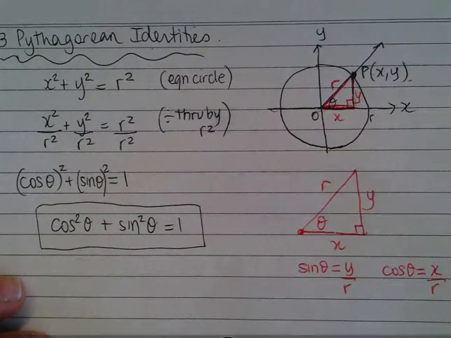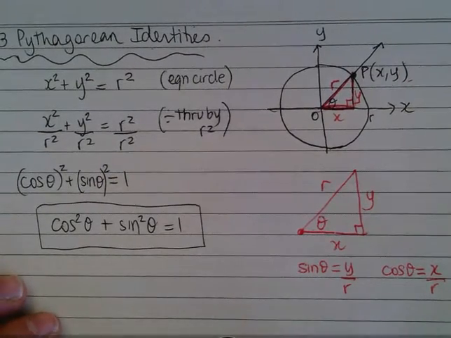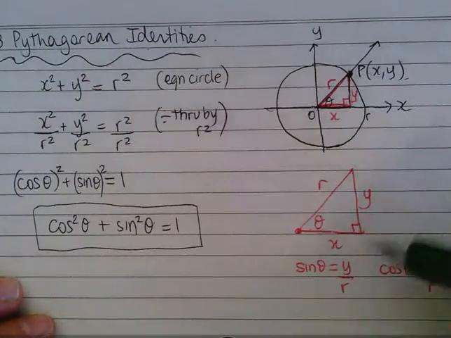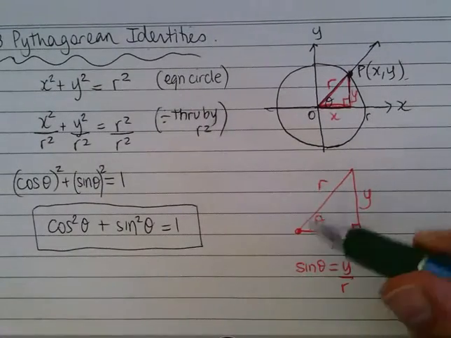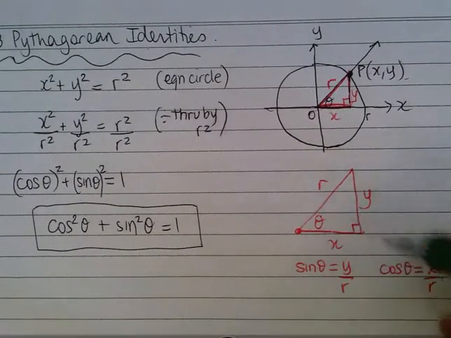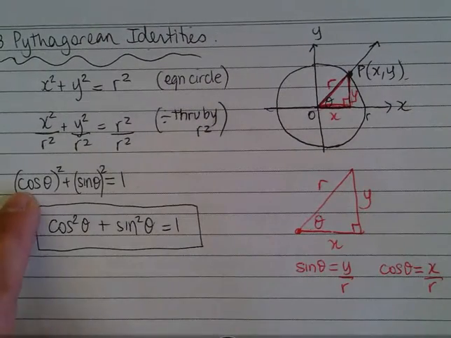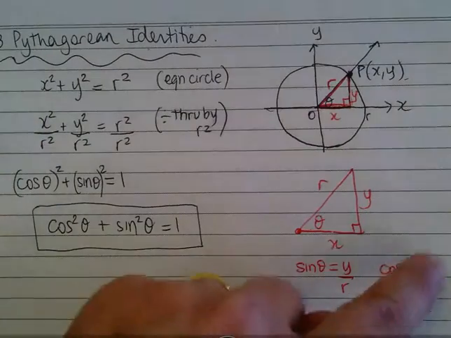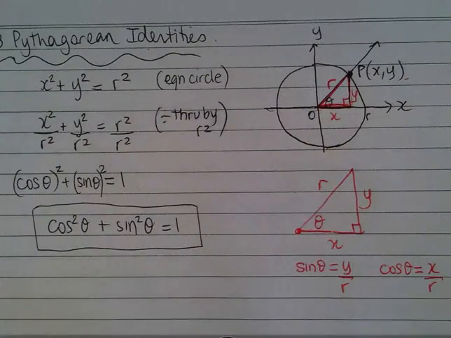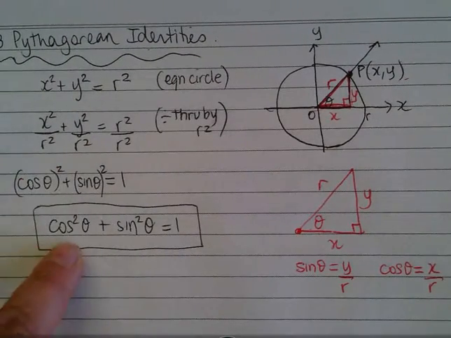So we have to remember this Pythagorean identity. Why is it called a Pythagorean identity? Because it comes from Pythagoras' theorem as well, a right angle triangle. Sorry, it's one of his identities. Are we okay with this, girls? Because if x on r is cos theta, then x squared on r squared is cos theta times cos theta, or cos theta squared. But you write cos theta squared like this.